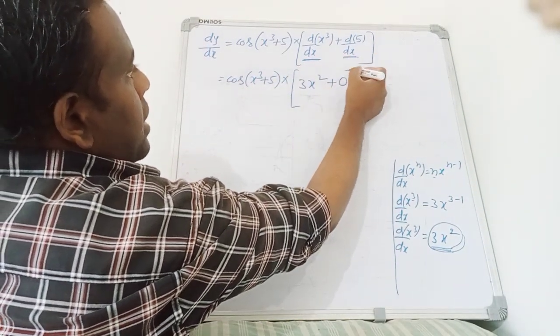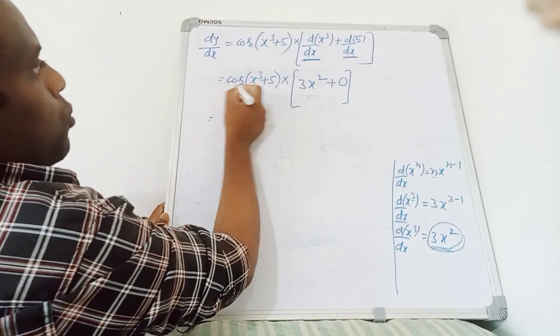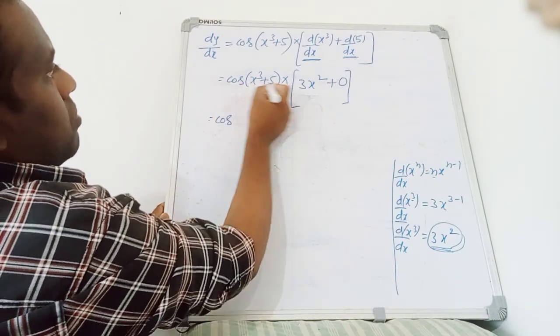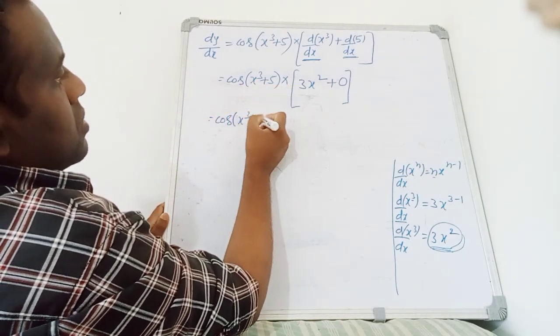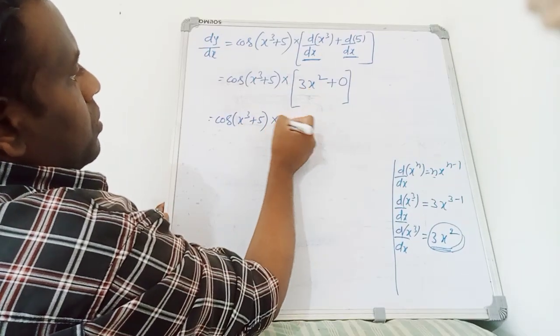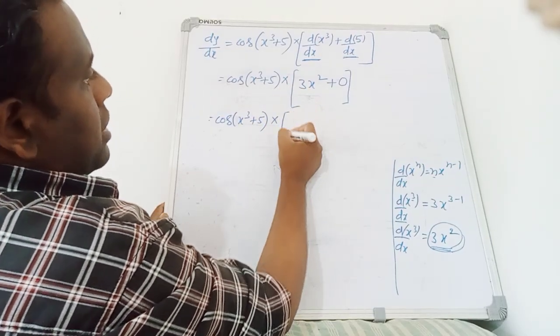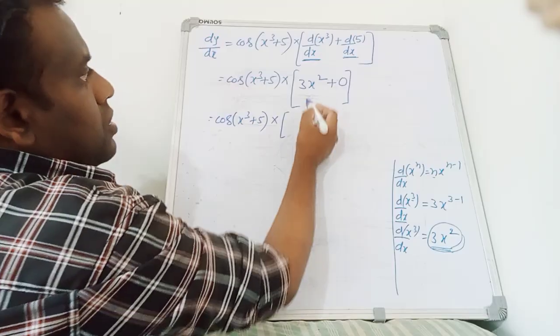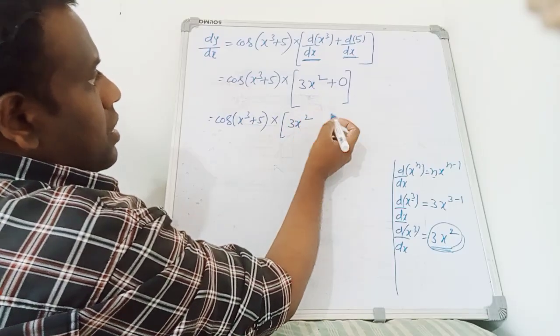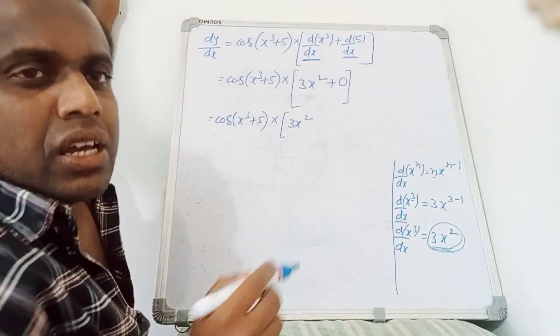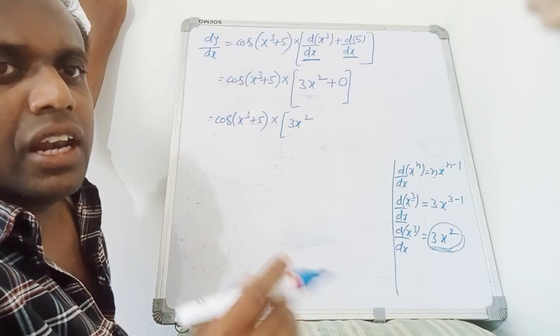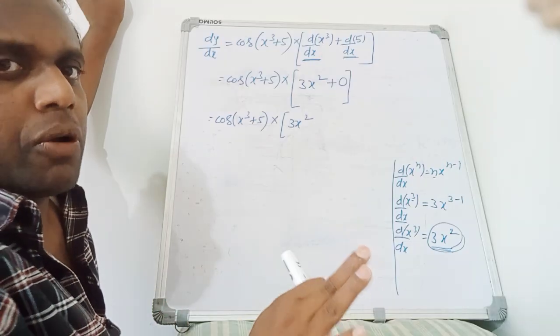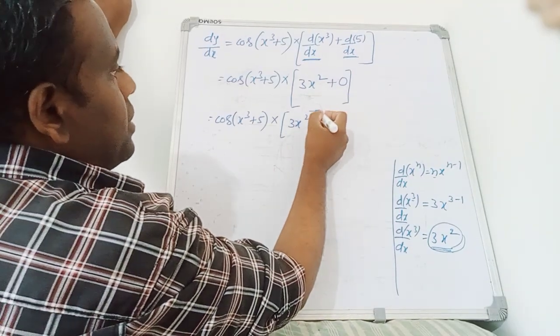Close the bracket. Next step: cos of x cube plus 5 into bracket 3x square plus 0. Plus 0 means nothing, so if you don't write 0 also, no problem.